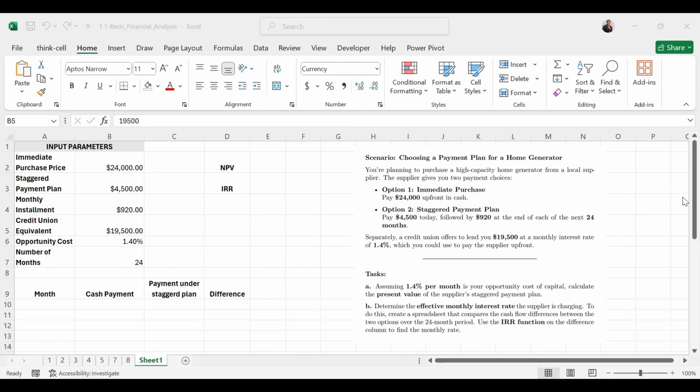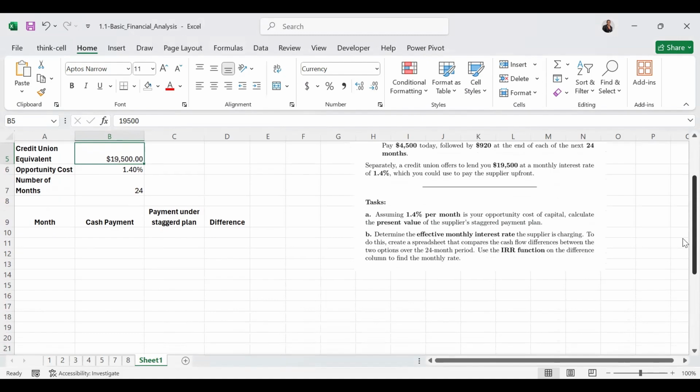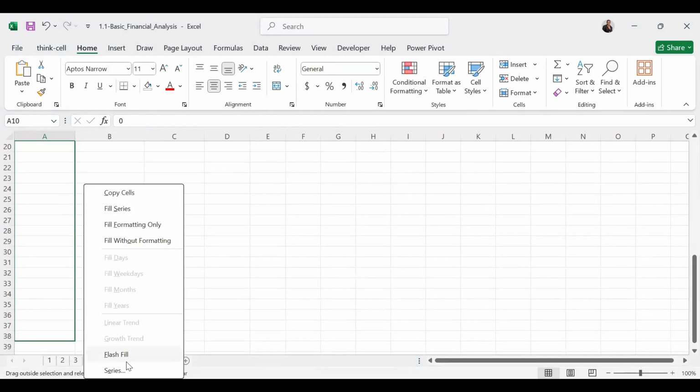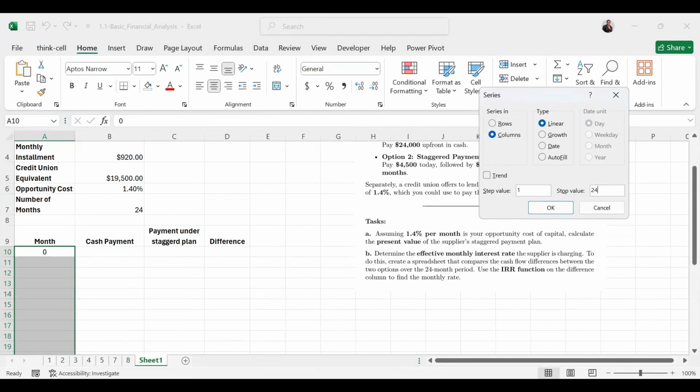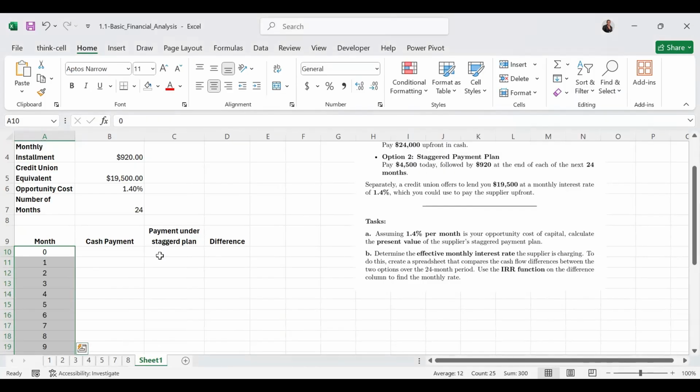Now I'm going to enter the number of months from 0, which is our current month, to the 24th month. So I will just drag this down and fill series to 24. Then the next thing is the cash payment.